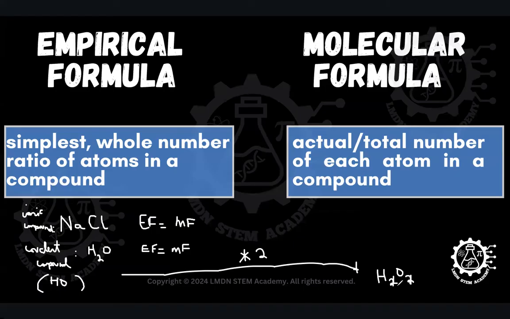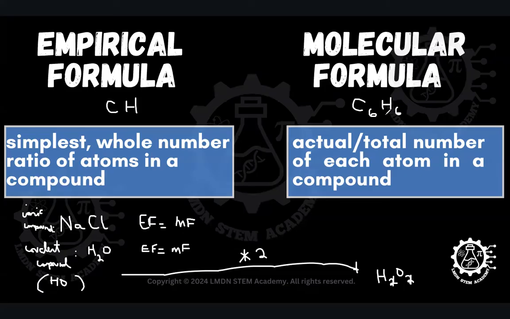So let's take a few more examples of cases where the empirical and the molecular formula are different. Let's look at benzene. The empirical formula of benzene is actually CH, but the molecular formula of benzene is actually C6H6.